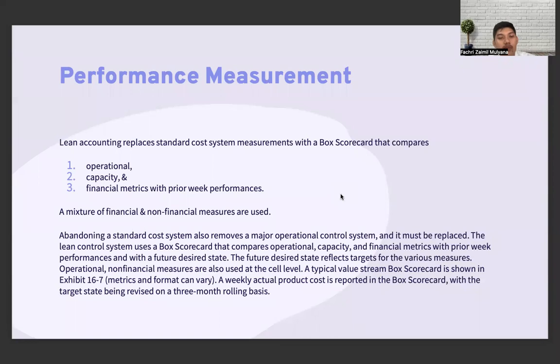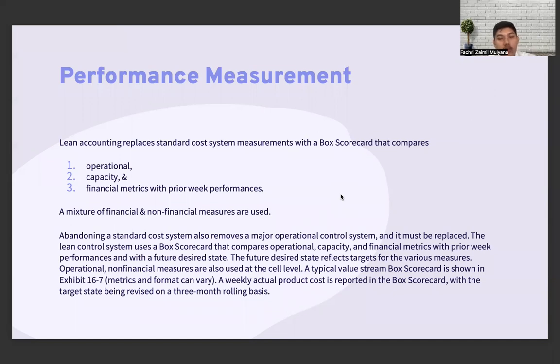The lean control system uses a box scorecard that compares operational, capacity, and financial metrics with prior week performance and with a future desired state. The future desired state reflects a target for the various measures of operation.